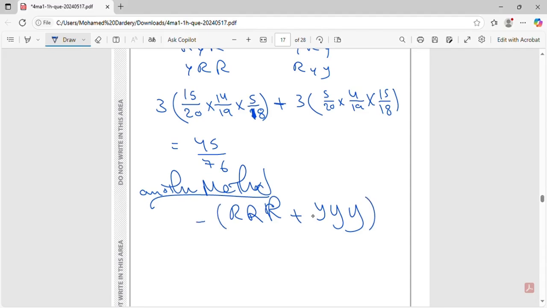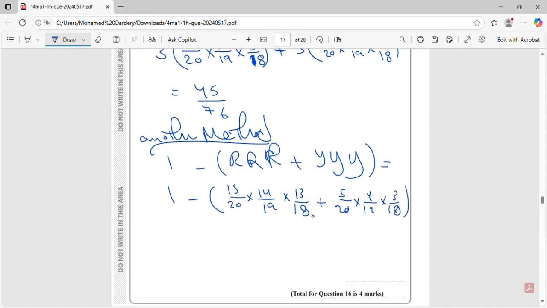I will take them away from 1. So it will be 1 minus 15 over 20, multiplied by 14 over 19, multiplied by 13 over 18, plus 5 over 20, multiplied by 4 over 19, multiplied by 3 over 18. And after I do all the calculations, it will be 45 over 76.